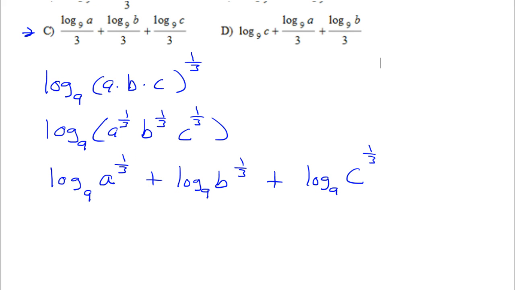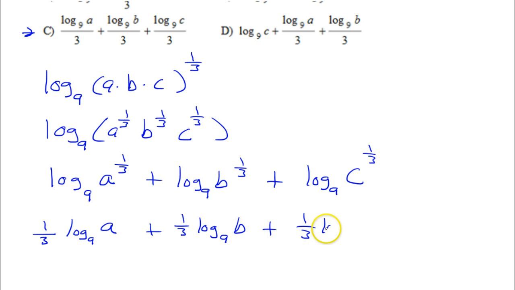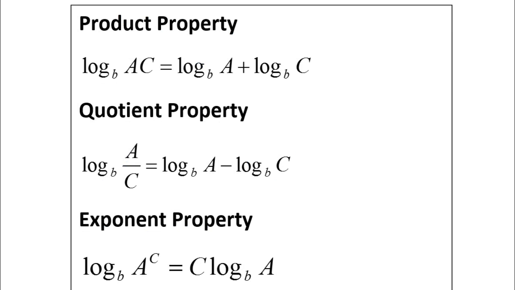If I took this 1/3 power and put it in the front, that would be like 1/3 log base 9 of a plus 1/3 log base 9 of b plus 1/3 log base 9 of c. So in each case, I'm taking that exponent and putting it out front, since that's what the exponent property says you can do.